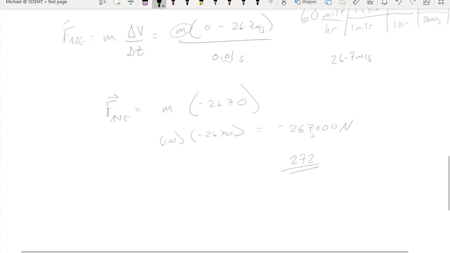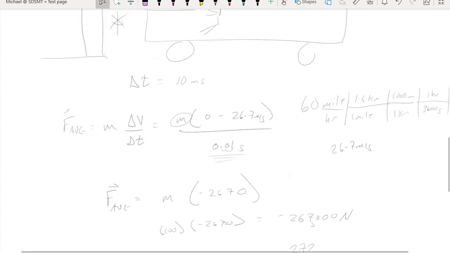So if you can imagine 270 times your own weight pressing down on you, even for a very, very short time, it's probably going to cause quite a bit of damage, broken bones, internal bleeding, etc.